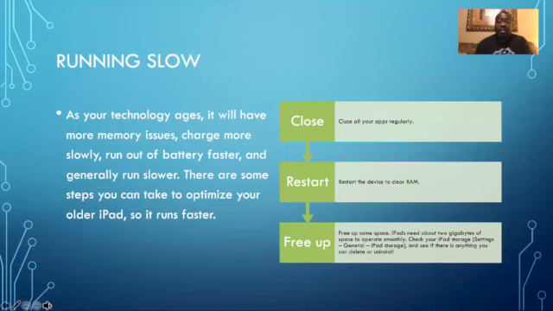Now, if your iPad's running slow, as your technology ages, it will have more memory issues. It may charge more slowly, run out of battery faster, and generally run slower. There are some steps you can take to optimize your older iPad so it runs faster.